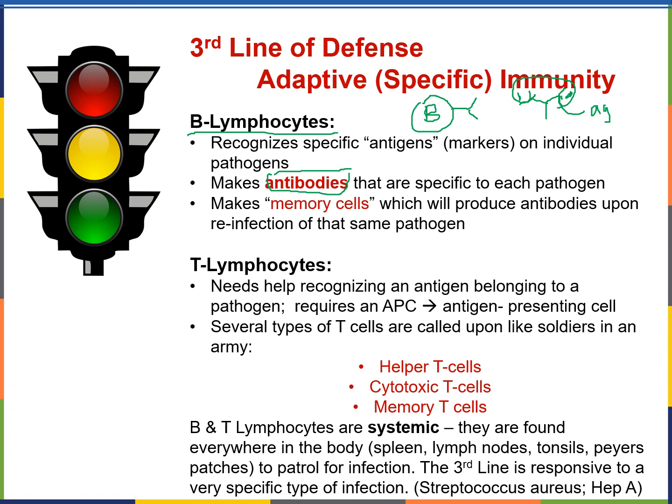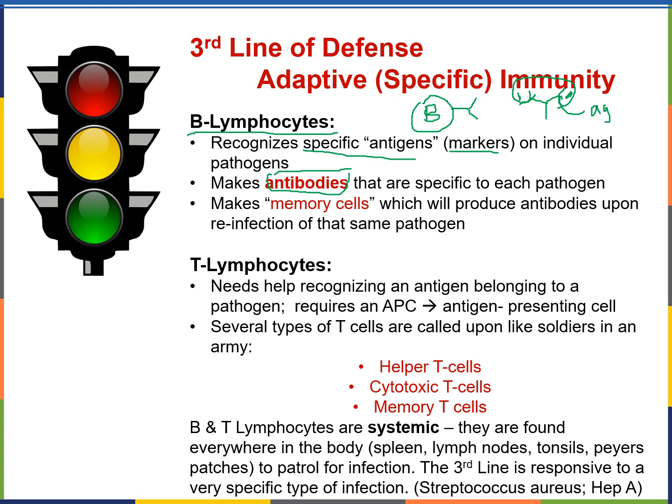So B lymphocytes can recognize specific antigens. These are markers, substances, molecules on the surface of the pathogen, or it could also be, if a phagocyte has chewed up the pathogen, like a bacteria, and left parts of the bacteria floating around in the bloodstream or in lymph, a B lymphocyte can recognize it and use its antibody molecule to bind to it.